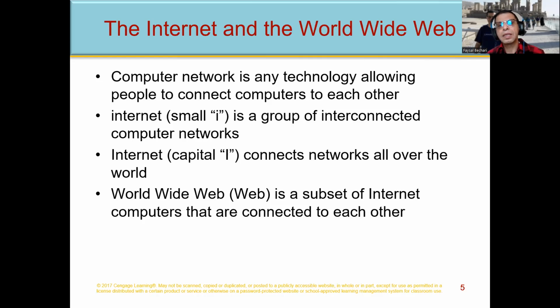Now, the internet and the World Wide Web. A computer network is a technology allowing people to connect to each other, simple as that. Then we have the internet with the small i, and the Internet with the capital I. The internet with a small i is a group of interconnected computers networked together.